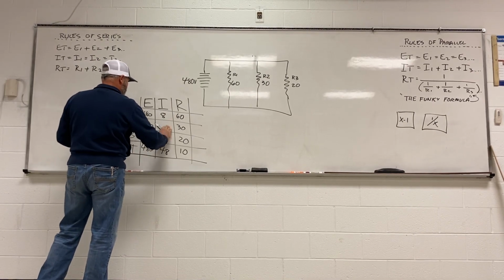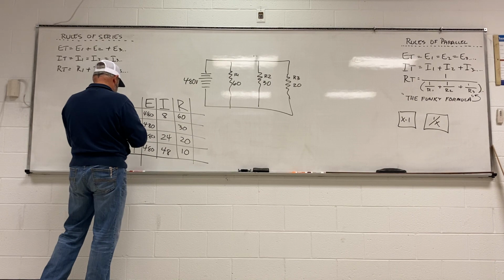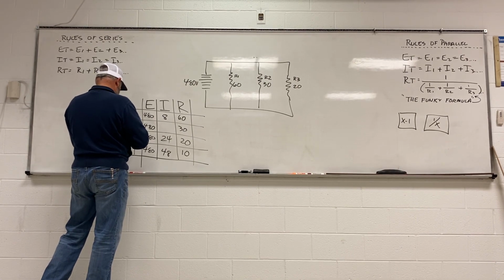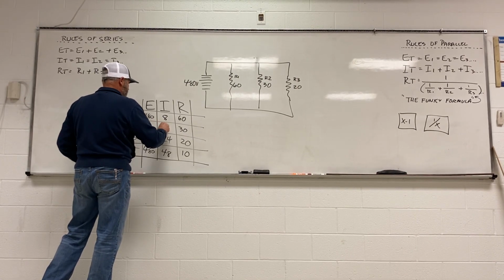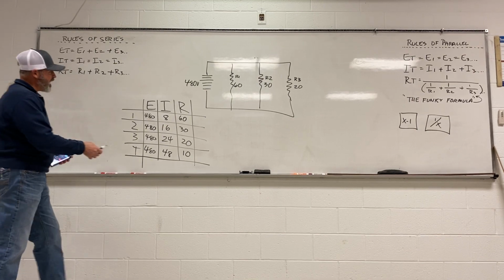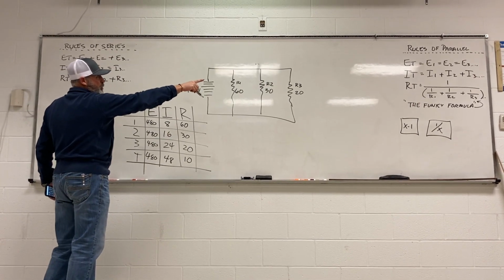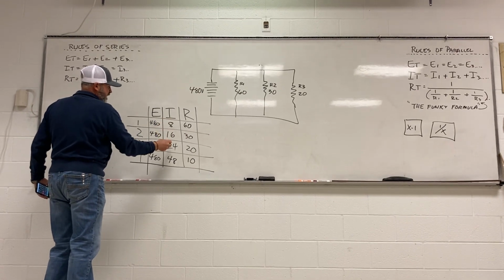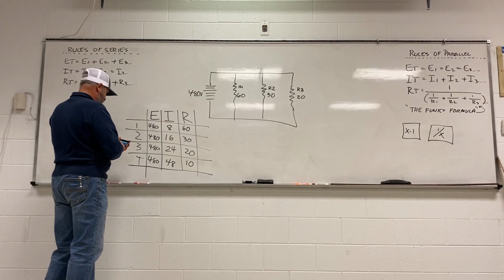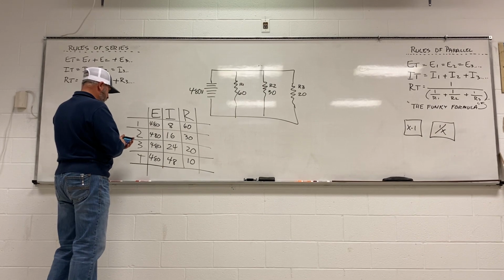That's not right. 480 divided by 30 equals 16. Okay, so now I should be able to use the parallel rules. Amperage adds: 8 plus 16 plus 24, and it should equal 48.